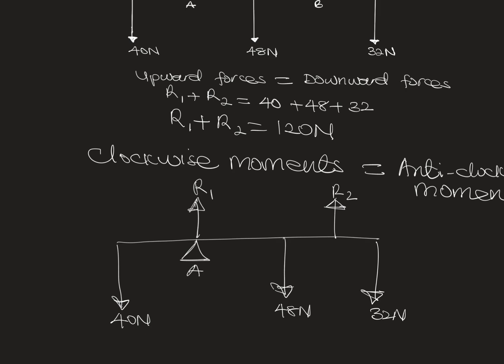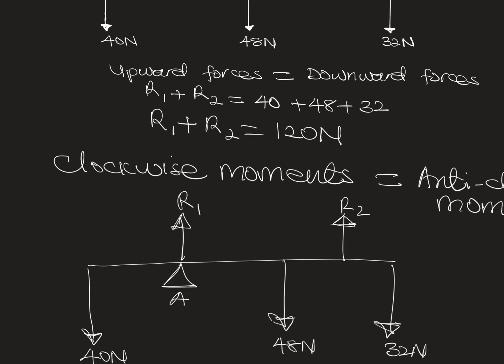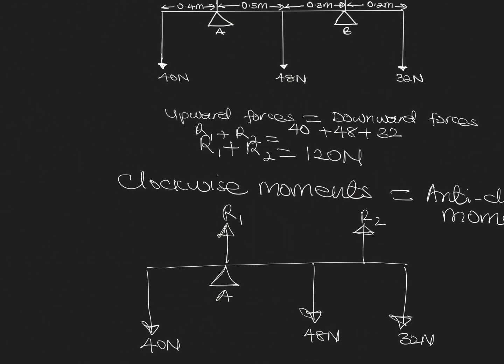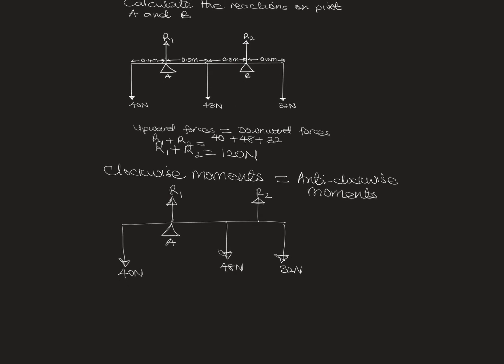Okay, let me go back to the main diagram and see what is missing. Let's try to indicate them. 0.4 meters, I have 0.5 meters, I have 0.3 meters, I have 0.2 meters.